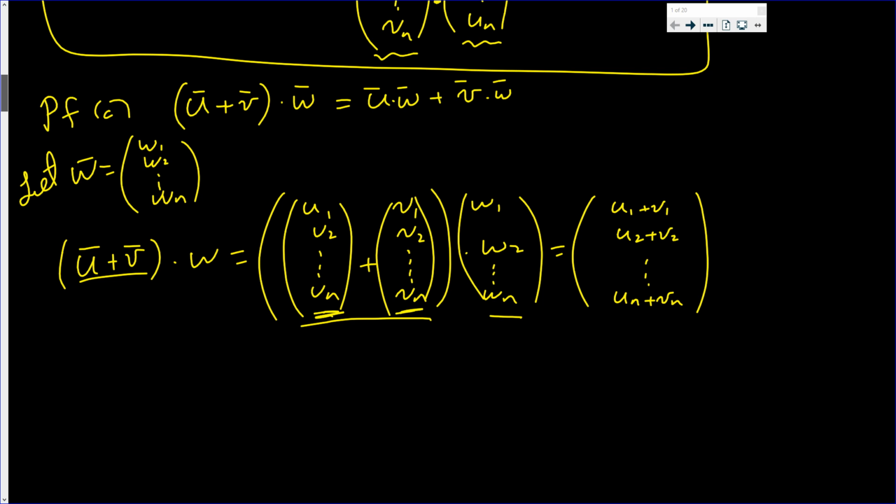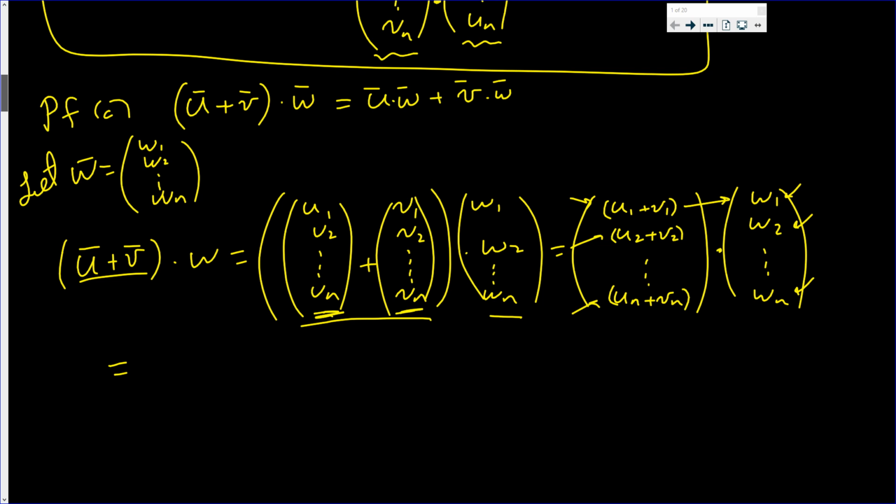That's one vector, and that one vector is going to be dotted with w1, w2, up to wn. That is vector w. Now, let's think of u1 plus v1, etc. as one number. So we have one number, one number, one number, dotted with one number, one number, one number. We can do that. That I can do.